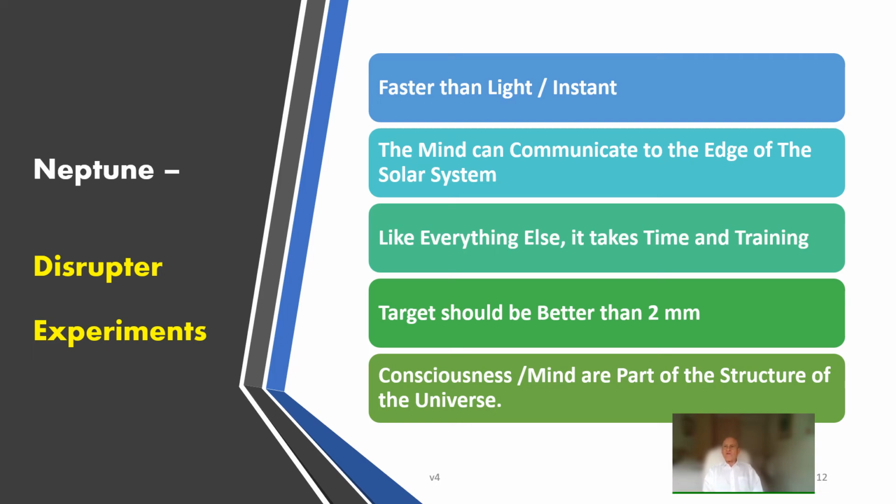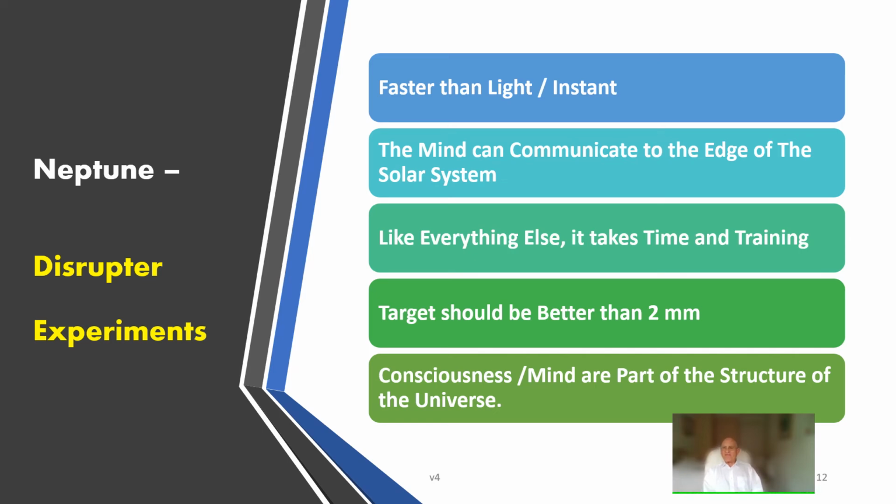If my average mind can communicate to the edge of our solar system, with appropriate training, so may yours. In the same way it takes many years to play, say, a musical instrument proficiently, it is the same with subtle energies. It took me about 20 years of experimentation to noetically measure to an accuracy better than 2 millimeters.